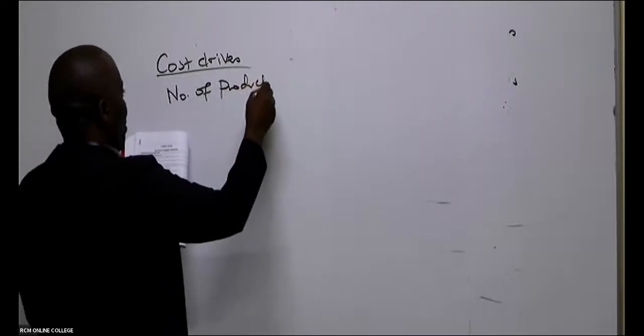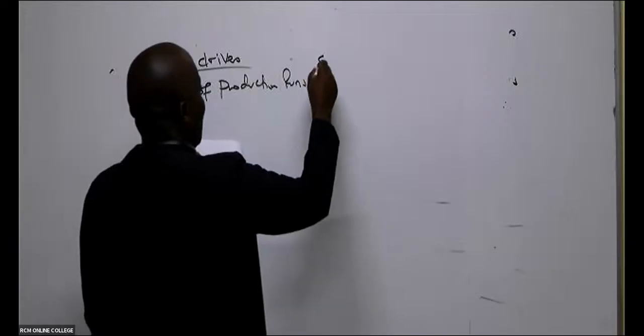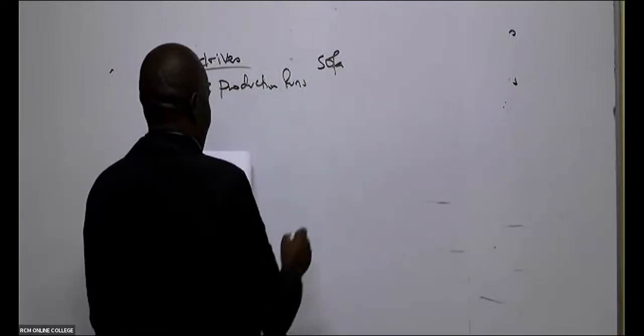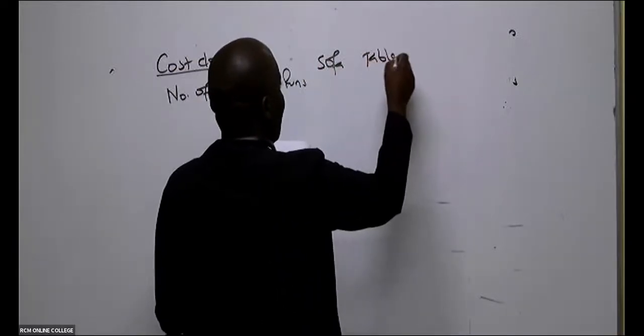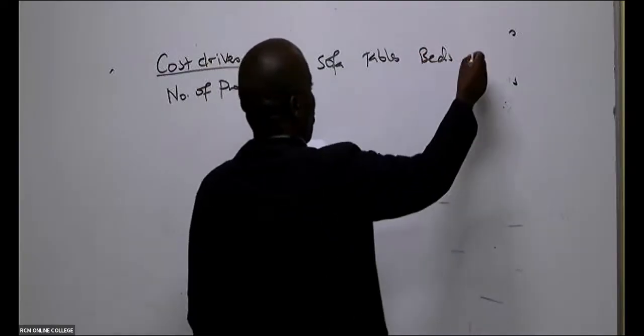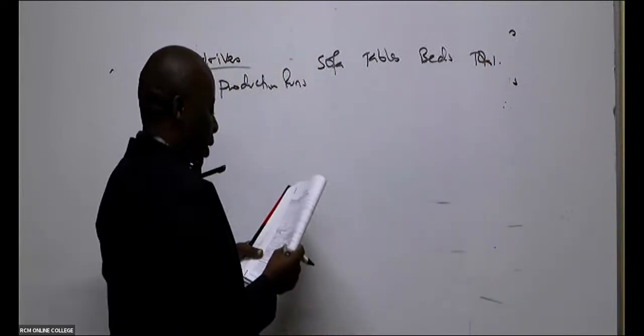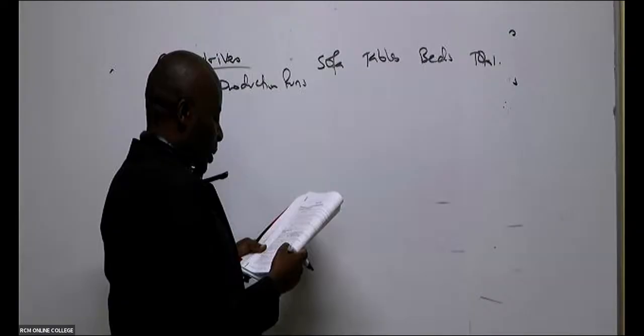Number of production runs, where I can see we have the sofa, tables, beds, and total. These are really important.